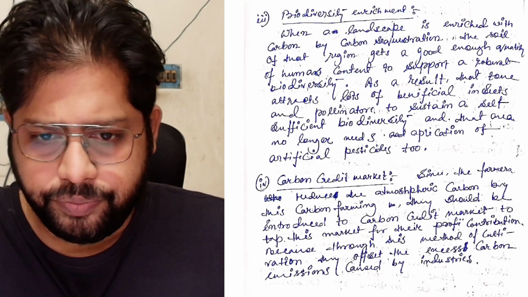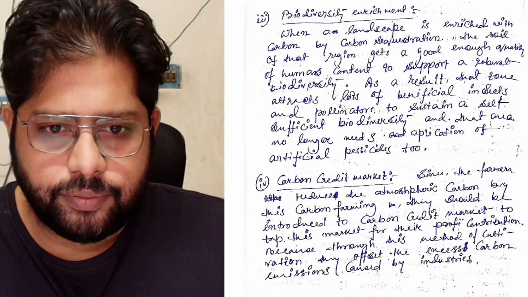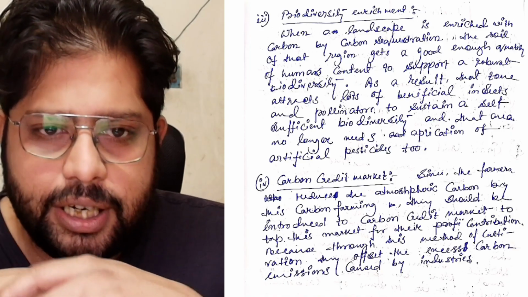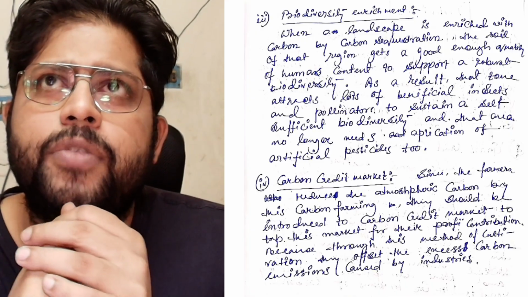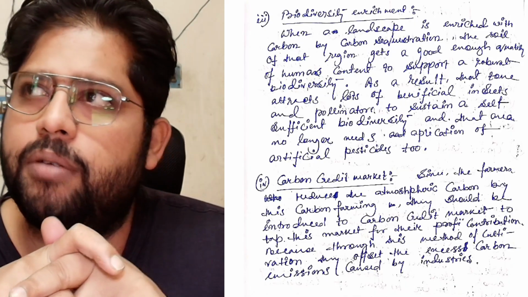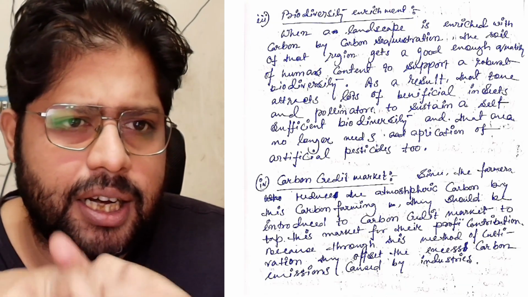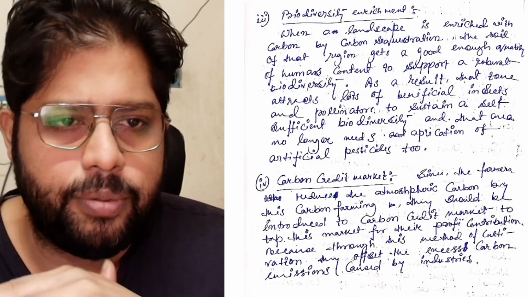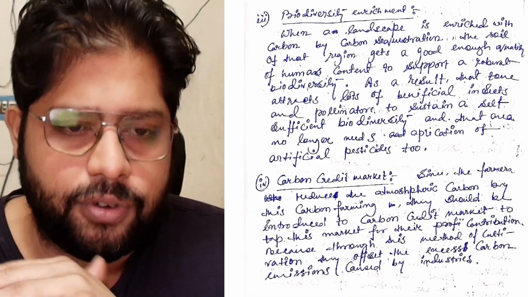So what happens? Look, in various environmental cooperation or negotiation, it has been decided that certain countries or certain industries would be assigned a certain amount of carbon dioxide for emission.